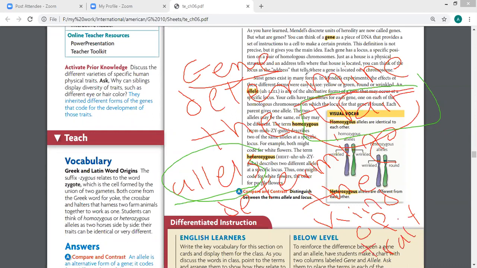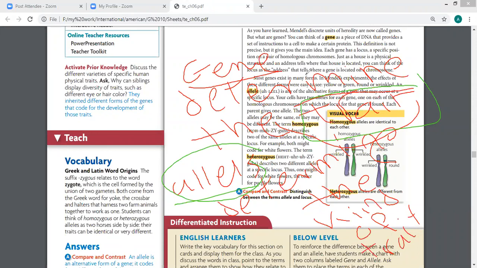So the final difference: the gene determines the appearance of the trait or not, but alleles determine the kind of trait. And you must know that each gene has two different alleles, or maybe more than two.